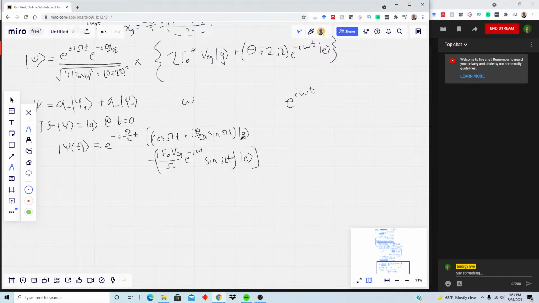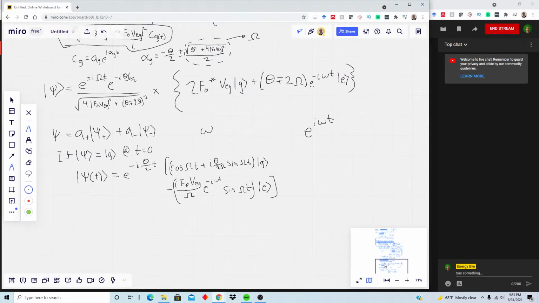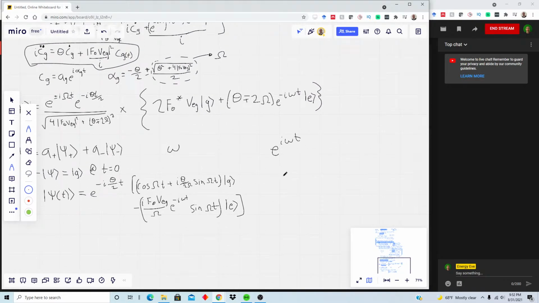But how are we transitioning between the ground state and an excited state? Well, what we notice is that it doesn't depend on this omega. It's actually capital omega, which we found is equal to this whole thing.